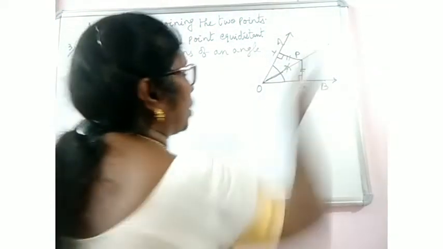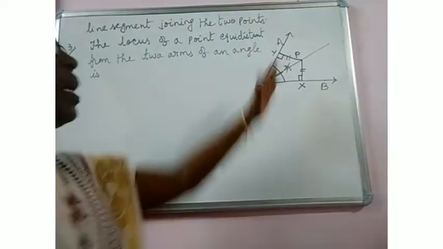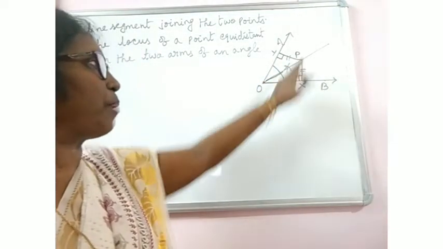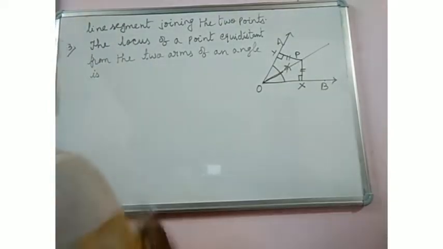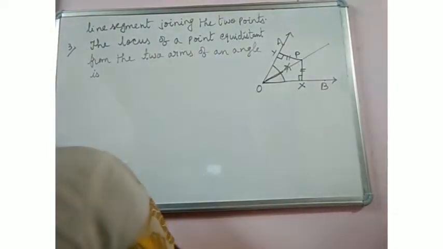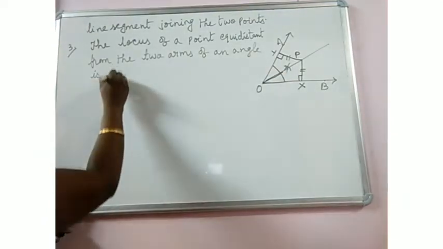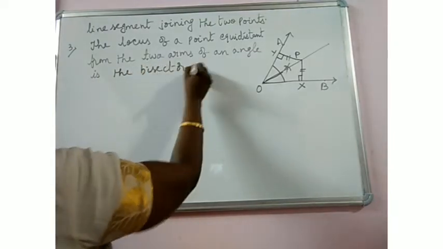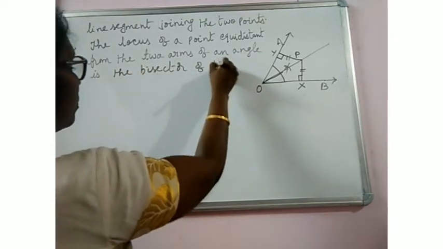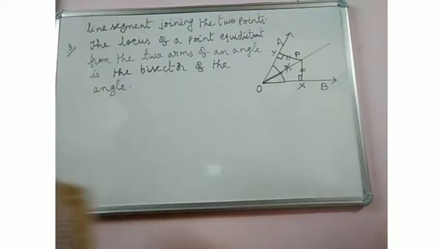Any point on this bisector of the angle, if you take, the distance from that point to these two arms are always equal. So the locus of a point equidistant from the two arms of an angle is the bisector of the angle.